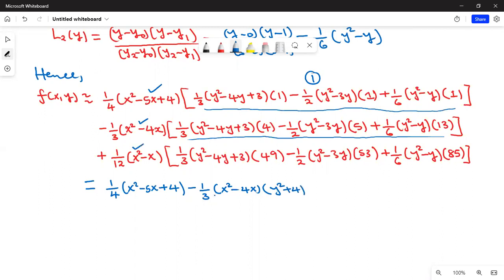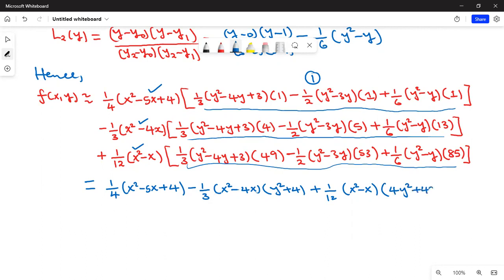Then now here is 1 over 12 times x squared minus x. When you work out this other bracket, the whole of this, you need to get 4y squared plus 49.